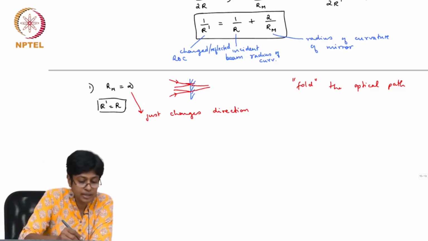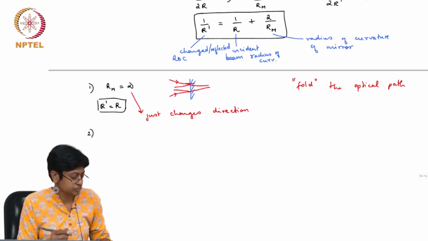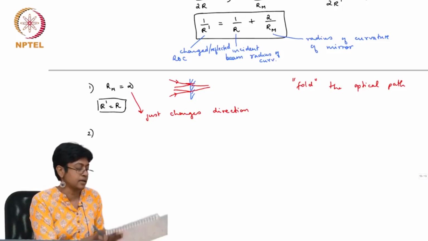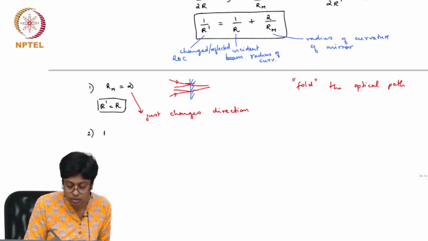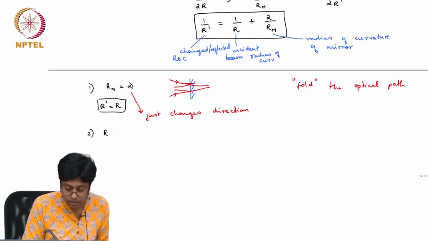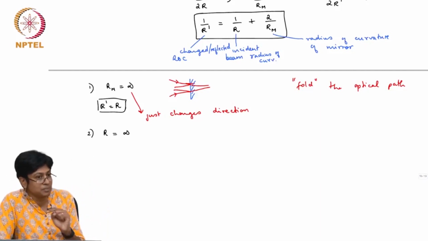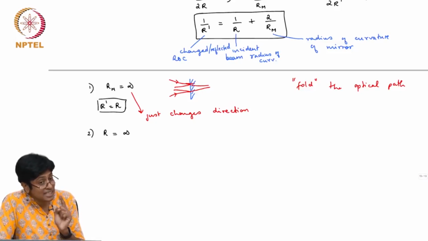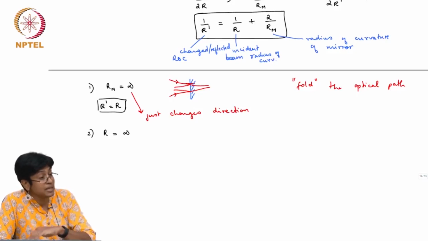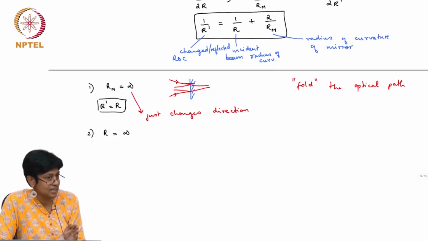I could look at a case when R is infinity. What is R? R is the incident beam radius of curvature. So if I say R is infinity, I'm now saying let's put the mirror at a specific place in the Gaussian beam, right?